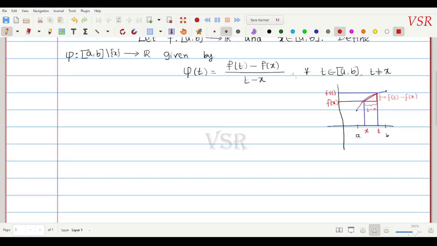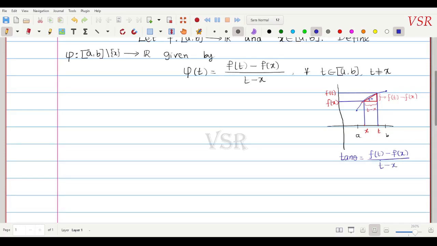So we know that tan theta is equal to the opposite side by the adjacent side. The opposite side is f of t minus f of x divided by t minus x.